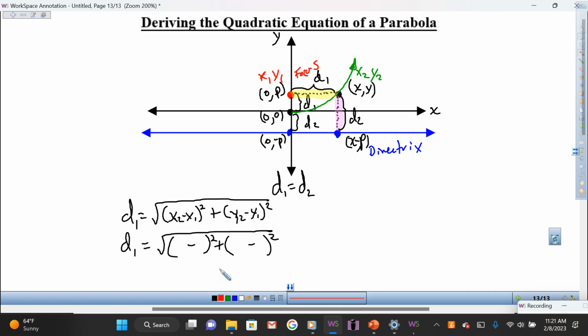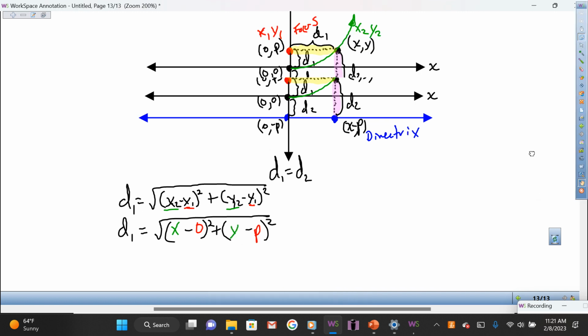I'm going to start slow. I'm going to start with x sub 1, y sub 1. What is x sub 1? 0. What is y sub 1? P. Okay. Next, I need x sub 2, y sub 2. What is x sub 2? X. What is y sub 2? Y. Okay.